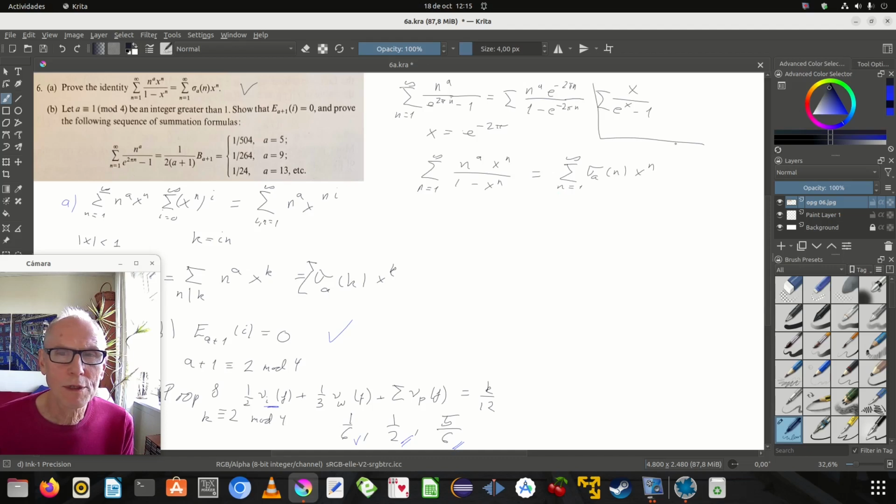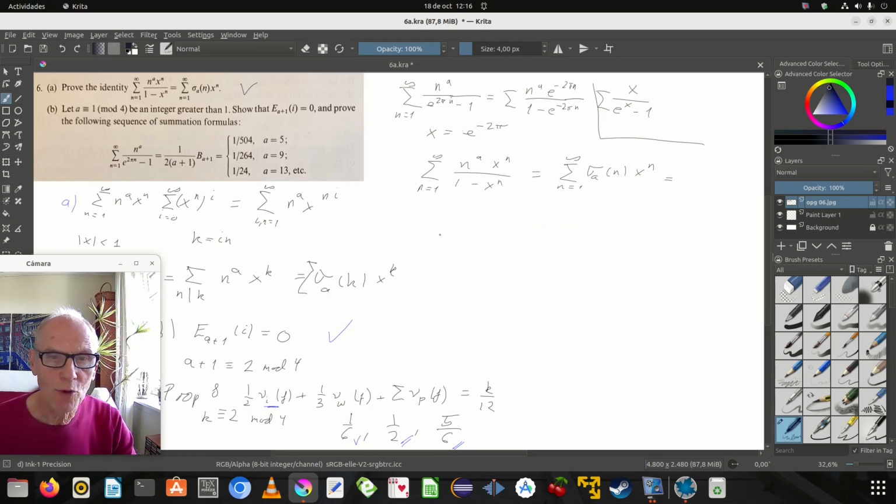This, of course, is connected with some of the formulas in the book, particularly, what will it be? E6, E10, etc. You know what?